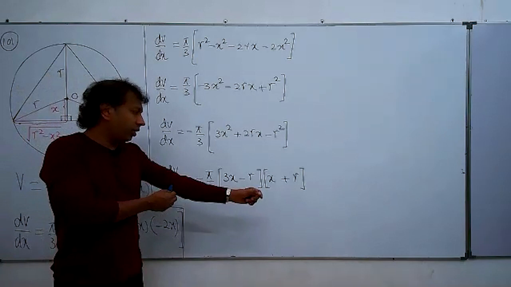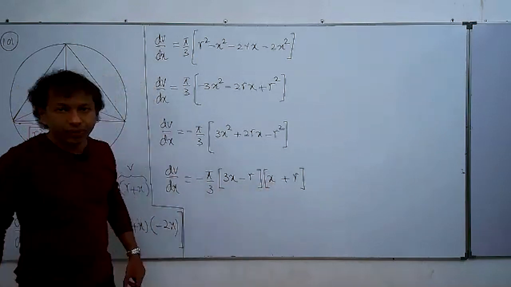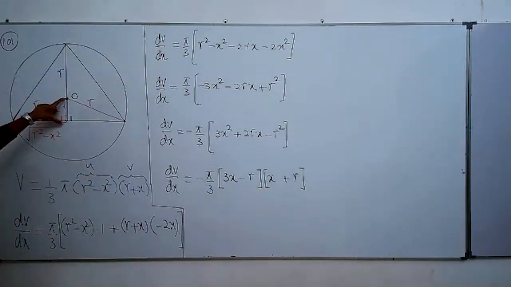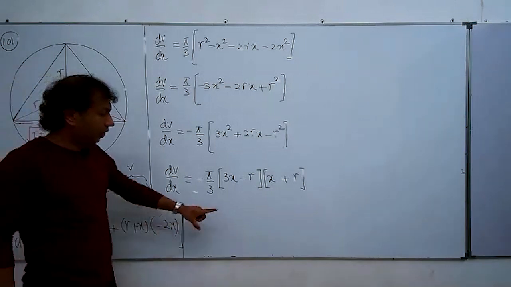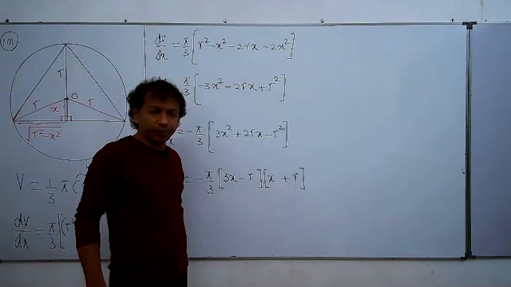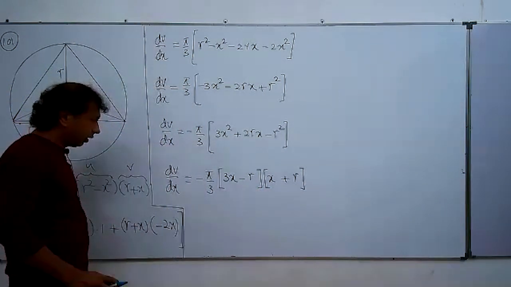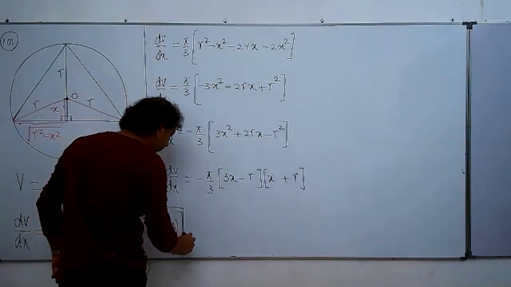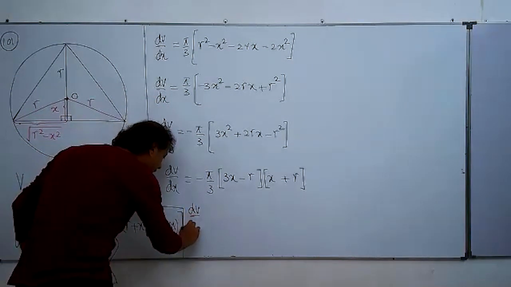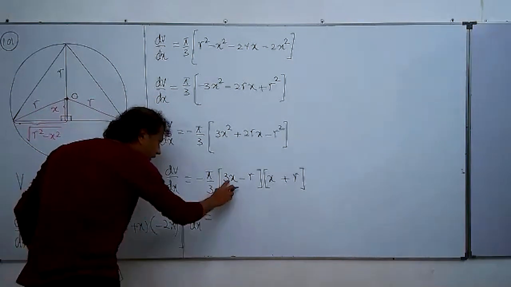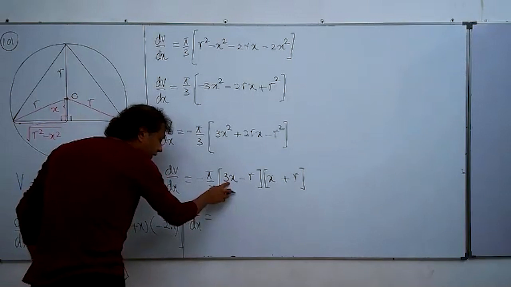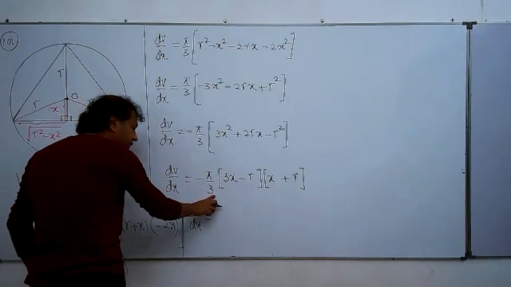Even this x is a length, no? That is this length, no? This length cannot be negative. Length is always positive, no? Then obviously, this factor is positive. Okay, then I can further take this 3 out. Once I take this 3 out from this bracket, it will cancel with this 3.